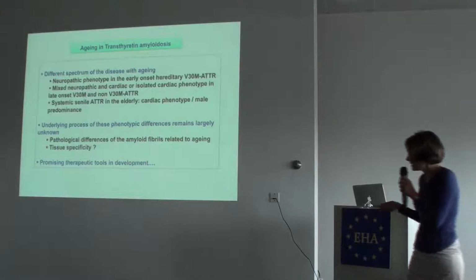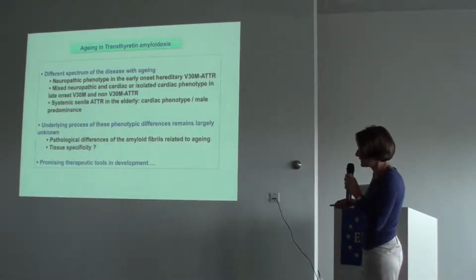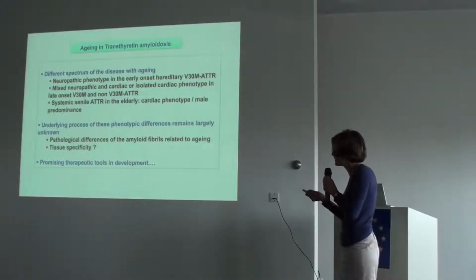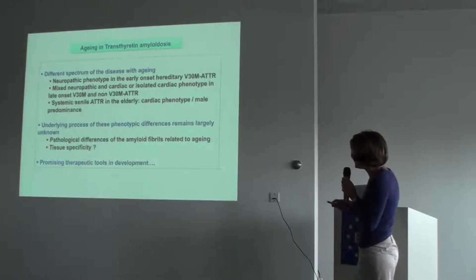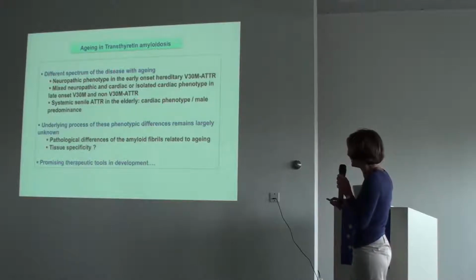So, relative to aging, it's just finished. We have just seen the different spectrum of the disease with aging: a neuropathic phenotype in the early onset V30M TTR, and a mixed neuropathic and cardiac phenotype in the older patients, systemic senile and non-mutated patients.